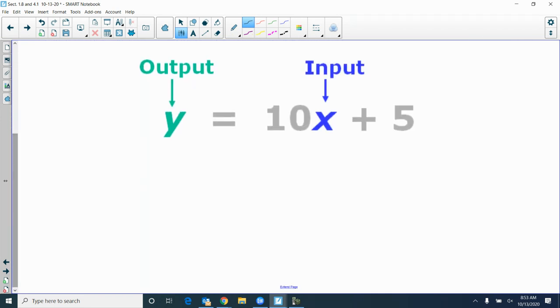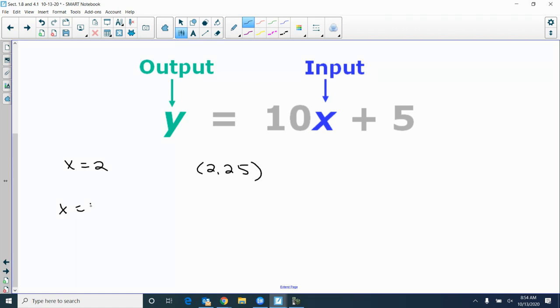So if x equals 2, what does y equal? Grant, what does y equal? y equals 10 times 2 plus 5, which is 20 plus 5, 25. So this gives us the ordered pair 2, 25, because when I plug in 2, I get back 25.